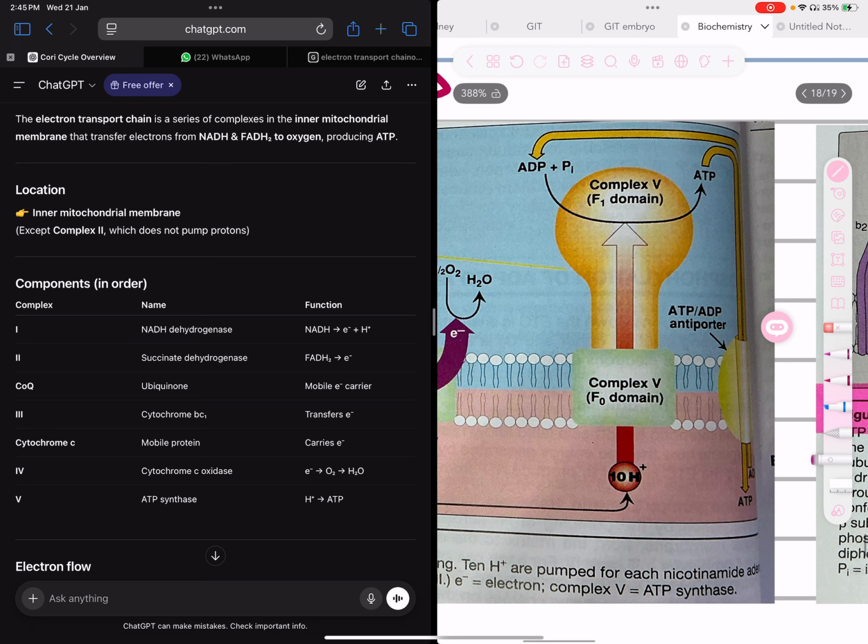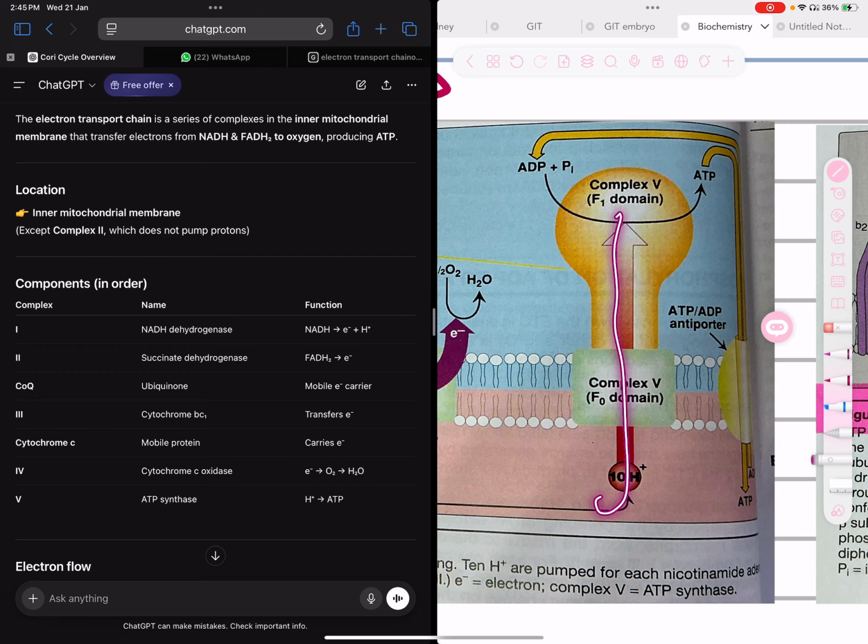And then you have the F1 domain, which is extramembranous, in the mitochondrial matrix. So there is an inner mitochondrial membrane. The FO domain spans the inner mitochondrial membrane, and the F1 domain is in the mitochondrial matrix, so extramembranous. I hope you remember FO is in the inner mitochondrial membrane. This is something you need to learn.